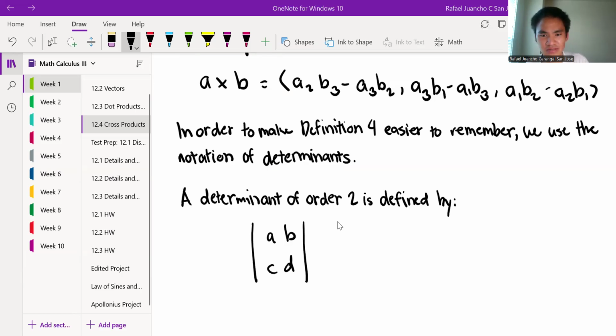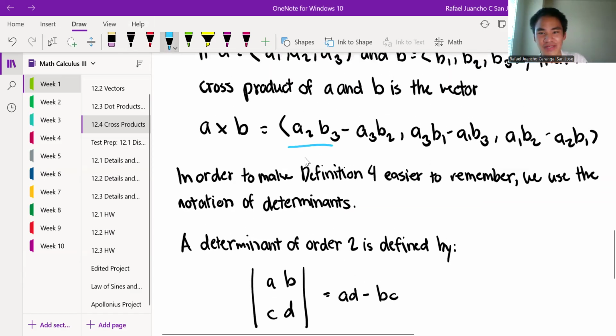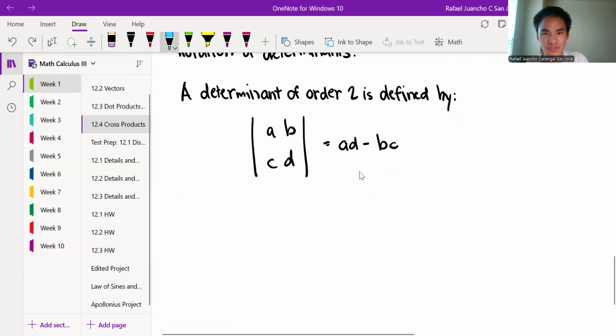We have this formula here, which is AD minus BC. So the idea is we multiply the diagonals and then we subtract. Actually, I think that's what we're going to be doing here. Right? So we get the product of this subtracted by the product of this.